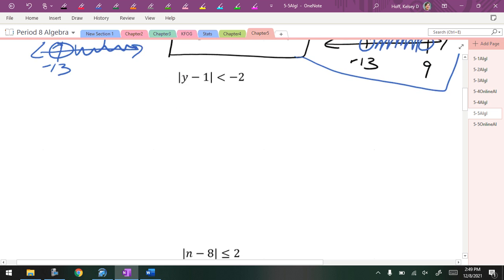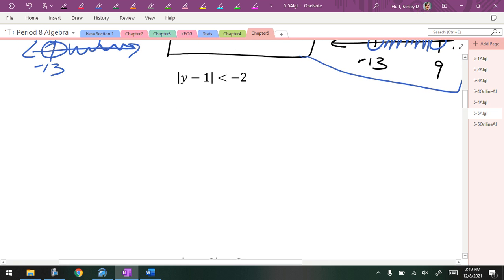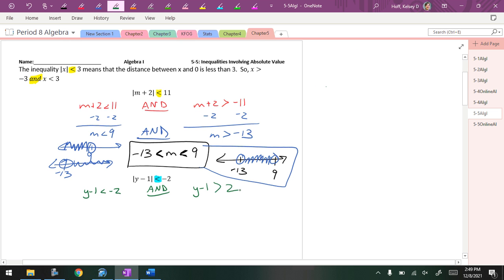The absolute value of y minus 1 is less than negative 2. Remember, it's less than, yes? Less than is an "and" statement. So y minus 1 is less than negative 2, and y minus 1 is greater than 2.